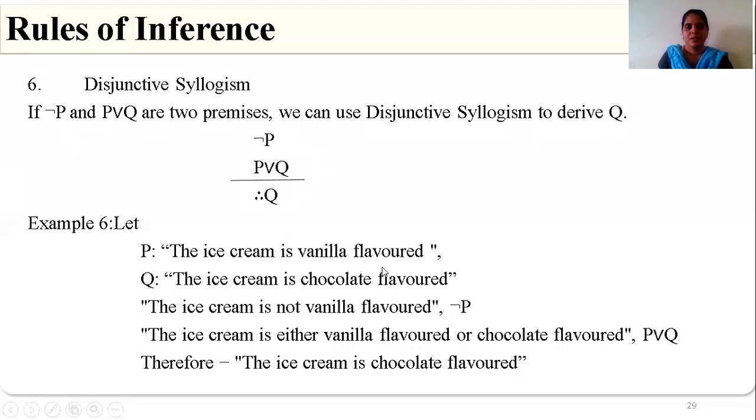P is the ice cream is vanilla flavored, Q is the ice cream is chocolate flavored. Negation of P we can represent as the ice cream is not vanilla flavored. P or Q can be represented as the ice cream is either vanilla flavored or chocolate flavored. Therefore, the conclusion is the ice cream is chocolate flavored.